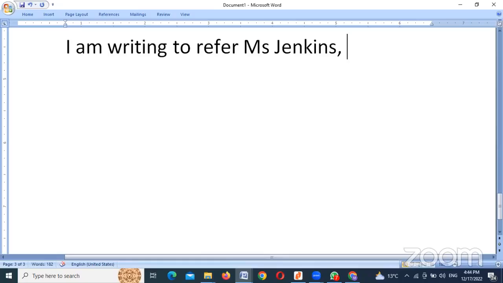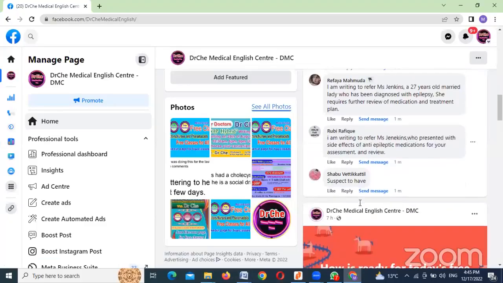You can write the age, 27-year-old female. But let us just skip because we have already written. So then what is wrong with this patient?